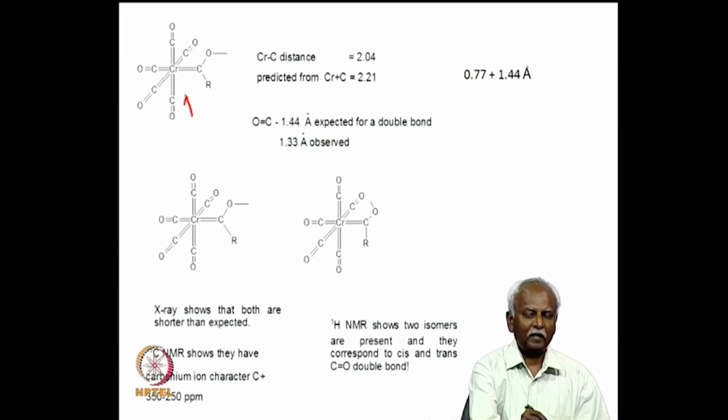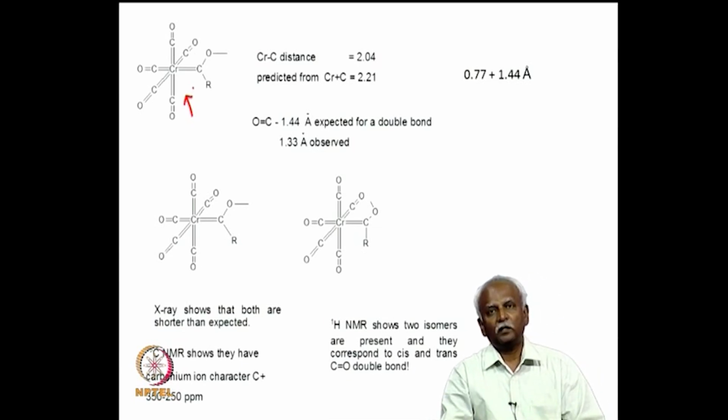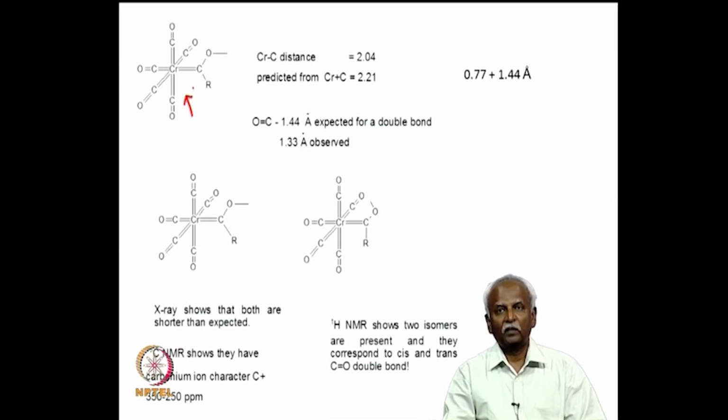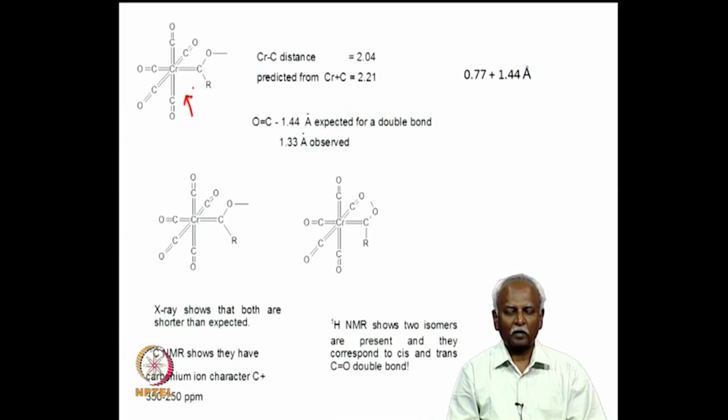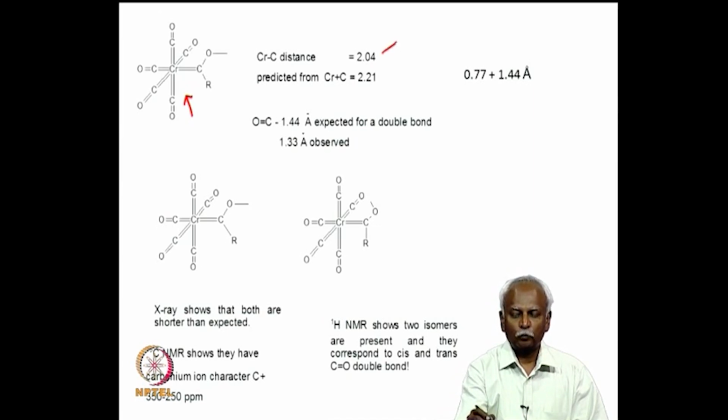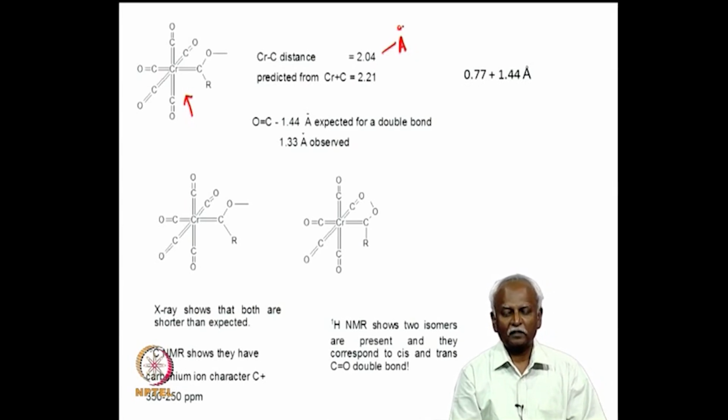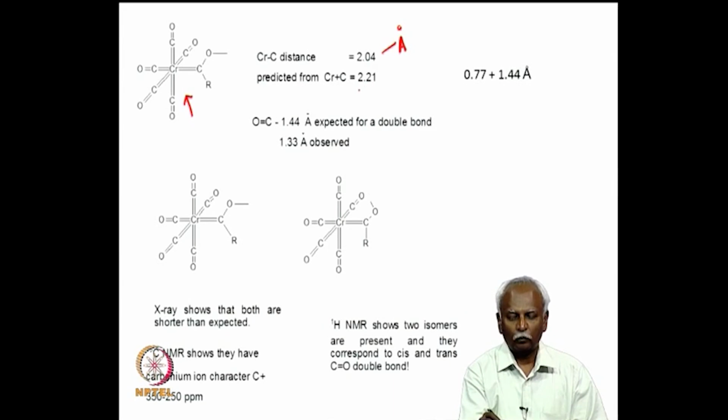But we have to bear this in mind, that there is partial double bond character between the metal atom, which is in the center, which is attached to the carbon monoxide. So, the chromium carbon distance, for example, in this case is 2.04 angstroms, and this 2.04 angstroms is much less than what you would expect for a single bond.